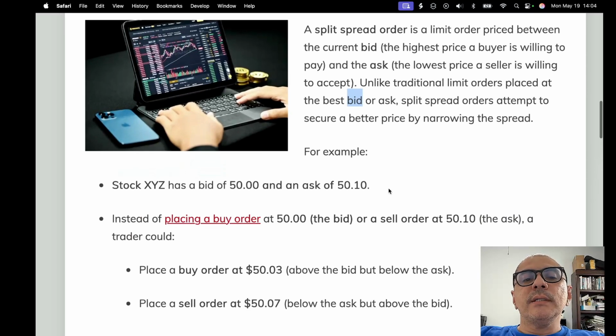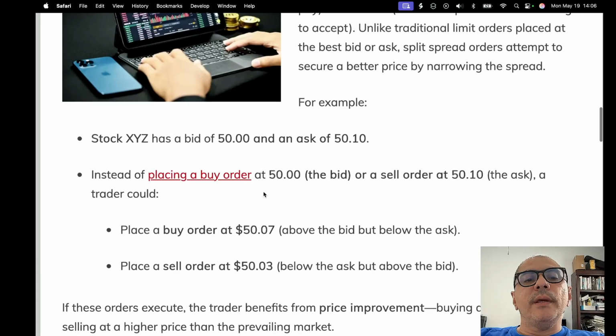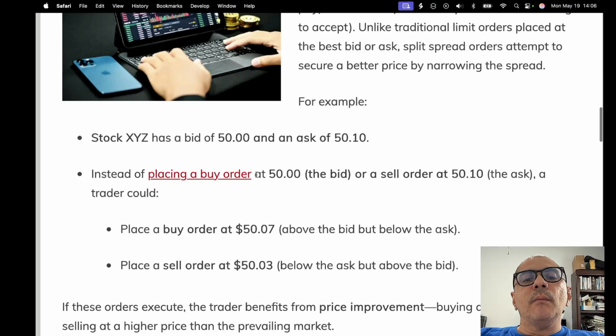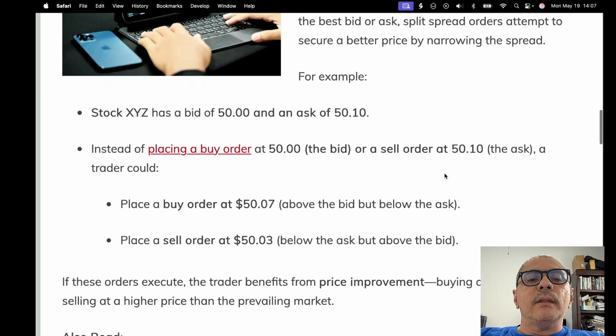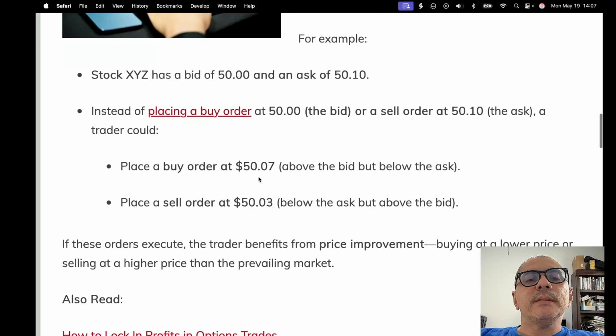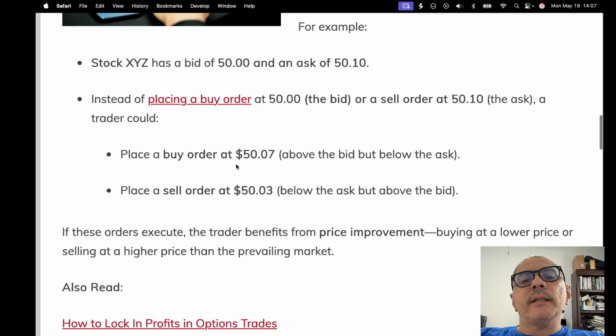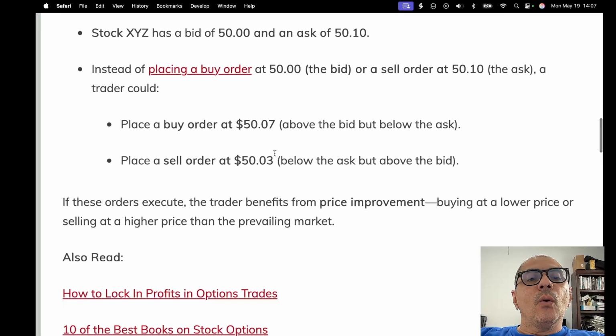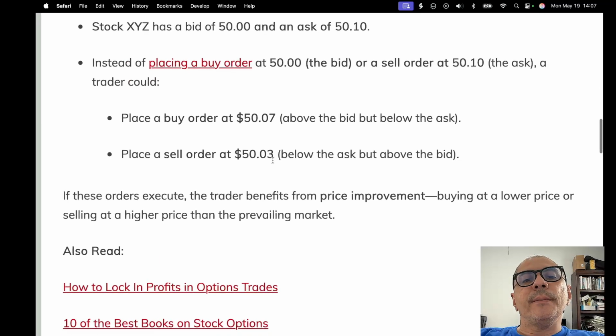Here's an example. Suppose that a stock has a bid of 50 and an ask of 50.10. Instead of placing a buy order at 50 or 50.10, what you can do is place a buy order at 50.07, or place a sell order at 50.03.